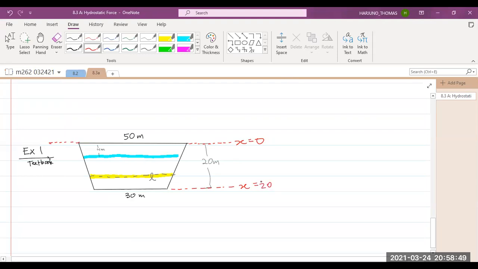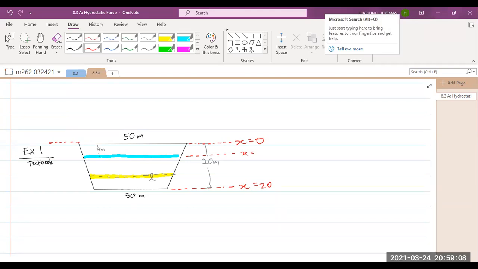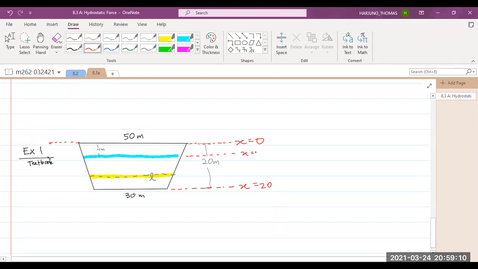But later on, when I integrate from the surface of the water, x equals what? The surface of the water. x equals 4, right?